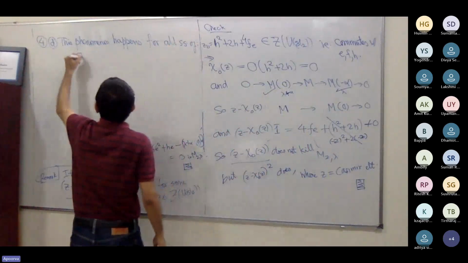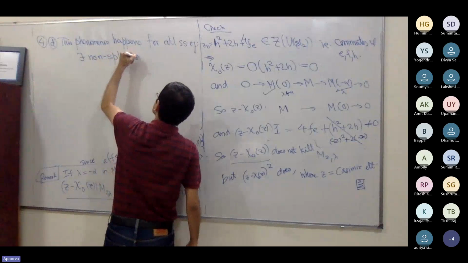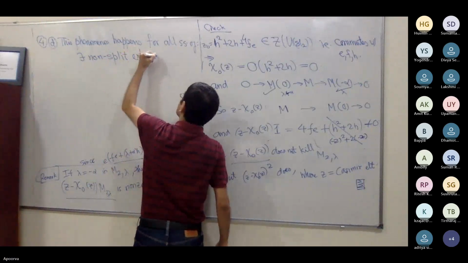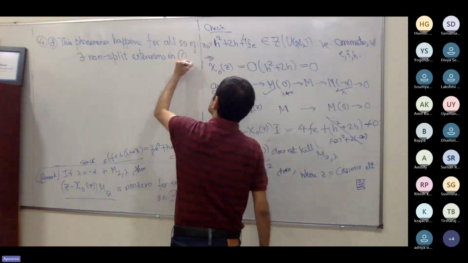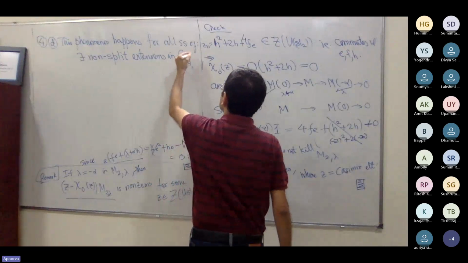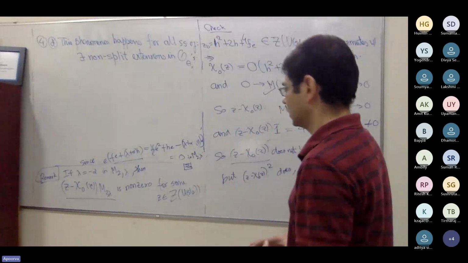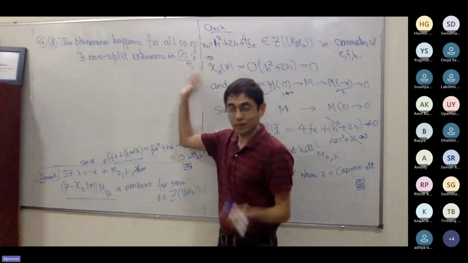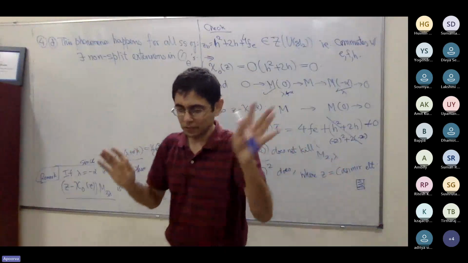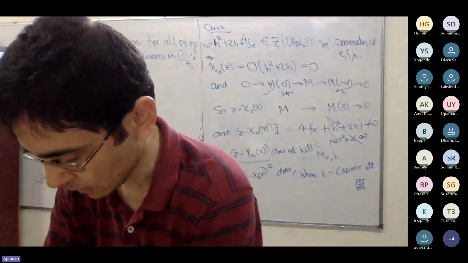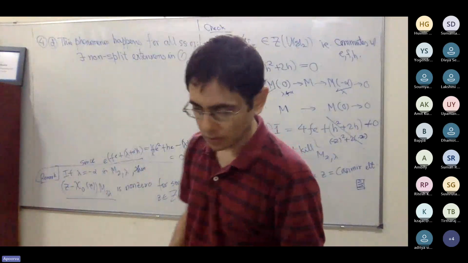Namely, there exist non-split extensions in O theta, for example O theta 0. There are, of course, certain blocks where there don't exist non-split extensions, where everything is split. But I don't think I have the time to say that in this set of lectures.